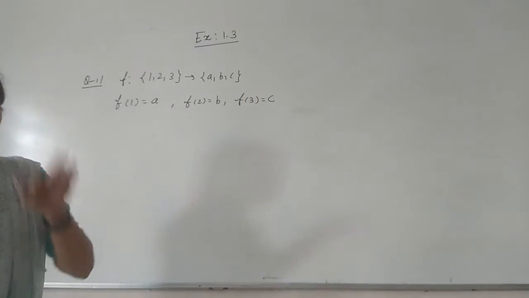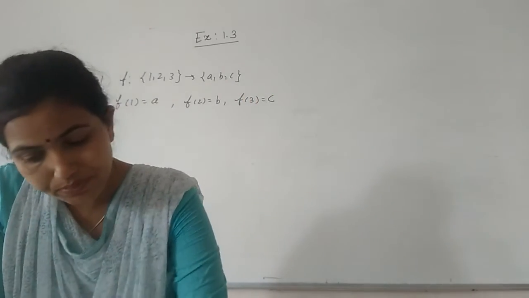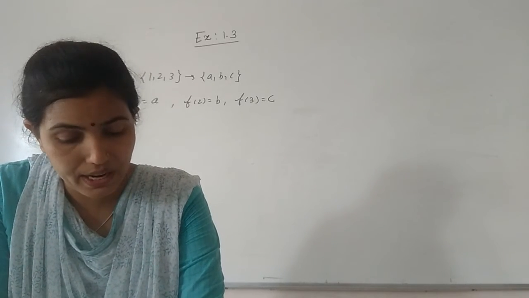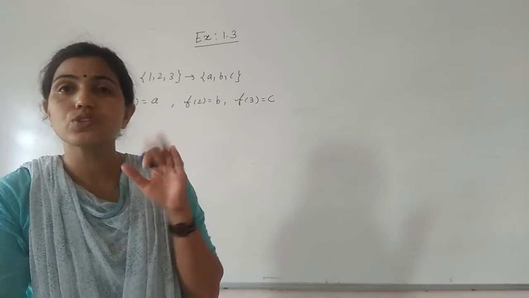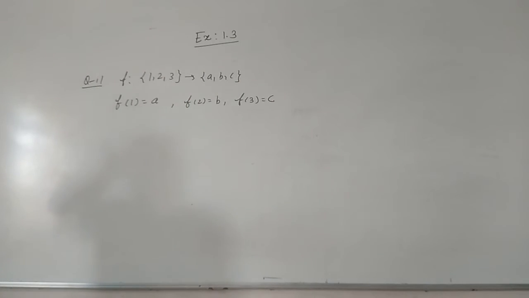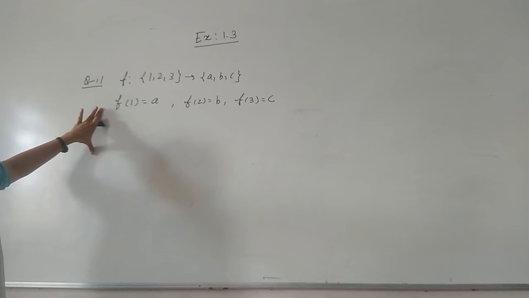This definition is given in the question. Now the question is: find f inverse and show that f inverse of inverse is equal to f. So what we have to do first is find the f inverse.